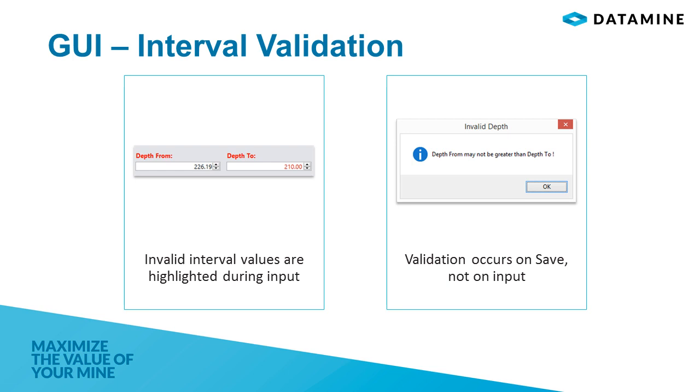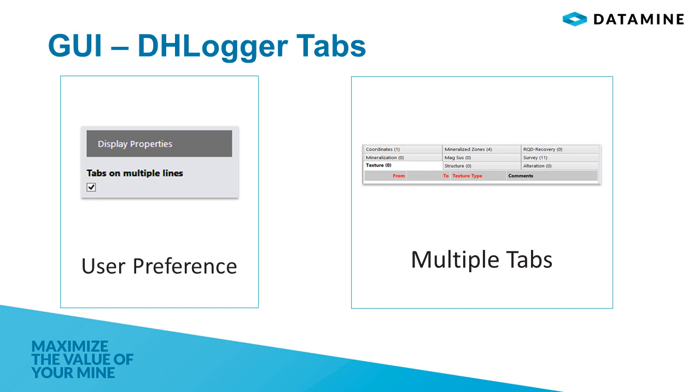And one of the other changes we've made within DHLogger, we've had some people mention to us, look, when I've got a lot of different tabs showing on DHLogger, and I get these small little navigation arrows left and right to scroll through the different tabs, it's not the most efficient way to get to maybe that last tab.